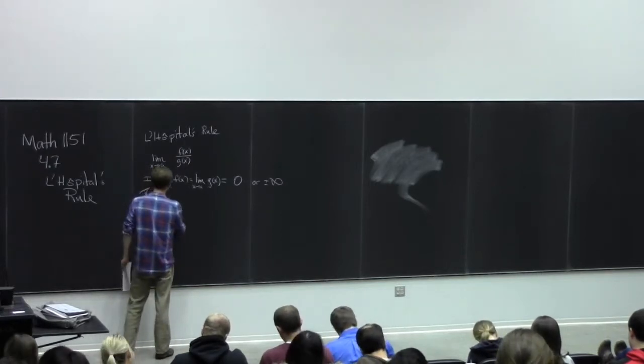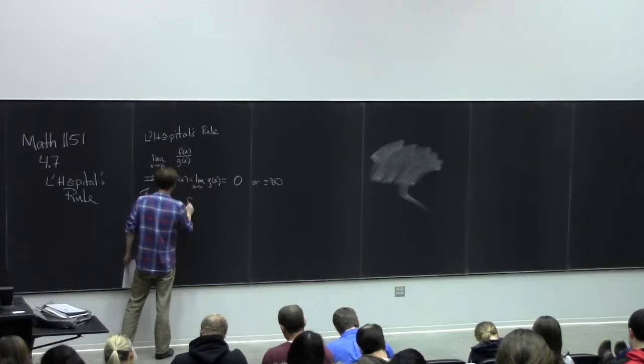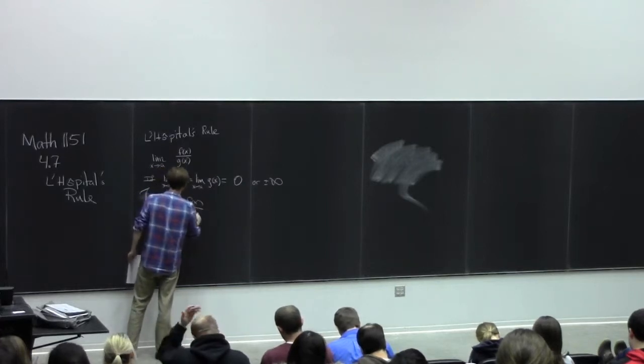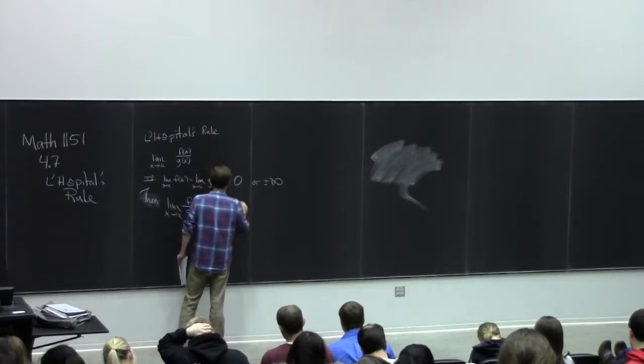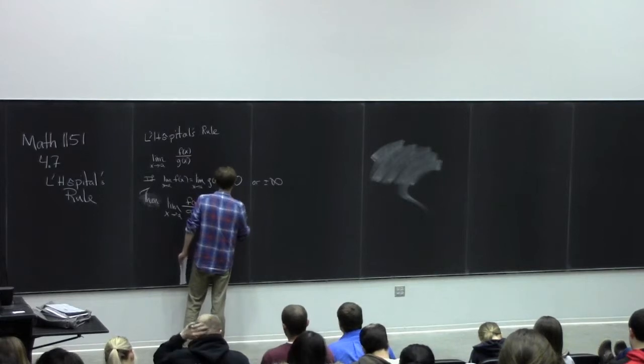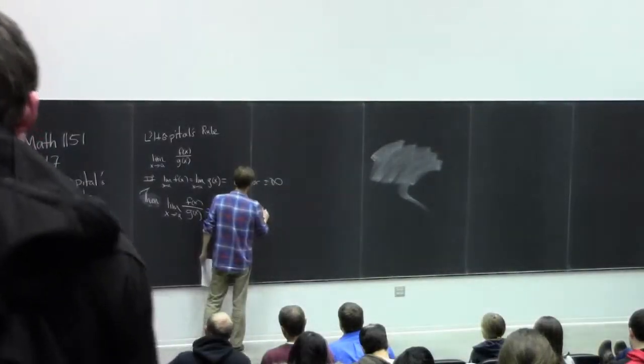Then the limit as x goes to a of f of x over g of x is equal to the limit as x goes to a of f prime of x over g prime of x, provided this exists.